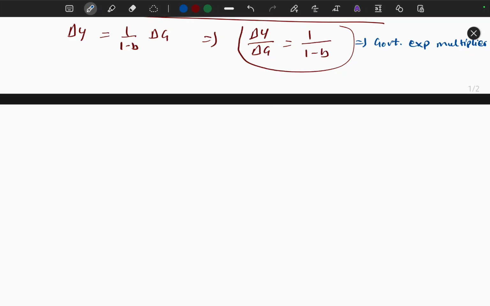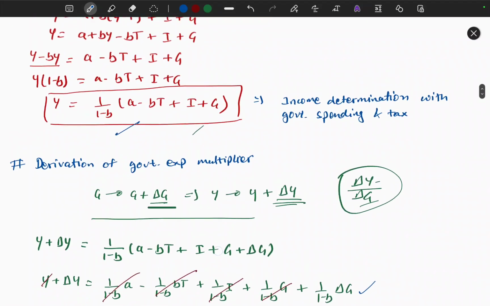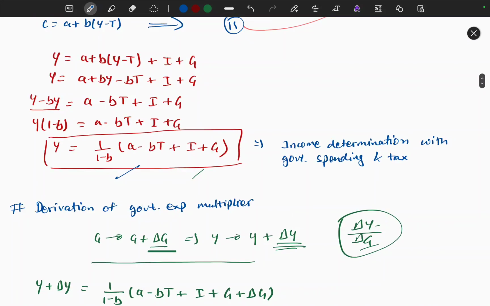In order to find the tax multiplier, which tells you that by increasing taxes by a certain amount, how much impact, which is of course negative, it is causing on the equilibrium level of national income, we will recall the previous equation that we used to find the government expenditure multiplier.